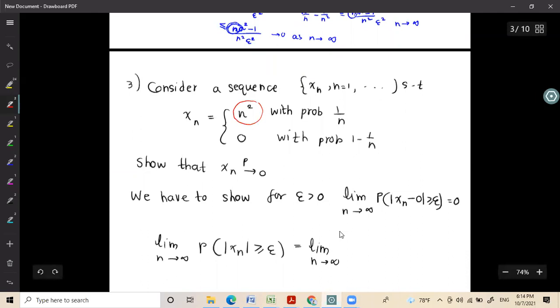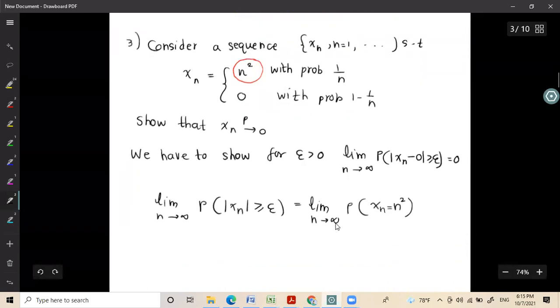That will be this value for xn. So xn will contain n square. You can replace xn greater than or equal to epsilon by xn equals n square, because it is given that xn can be either n square or 0. It cannot be 0 because your epsilon is greater than 0, right? Therefore, you'll end up with xn equals n square.